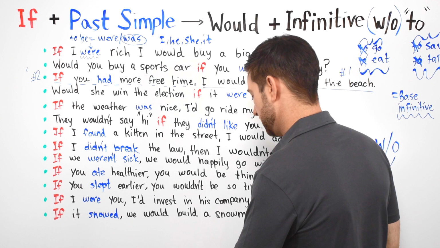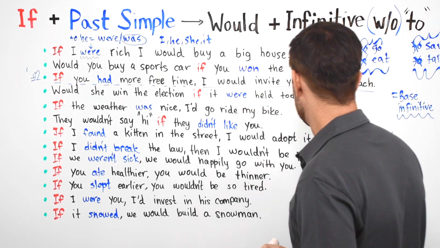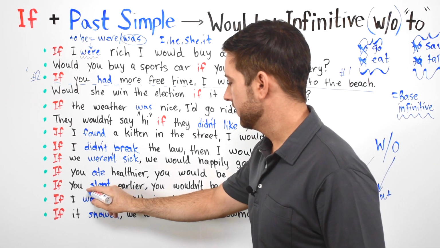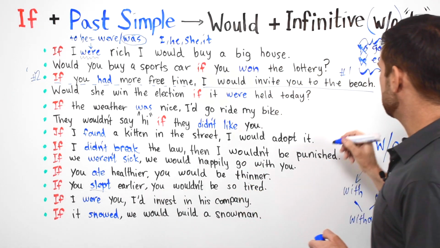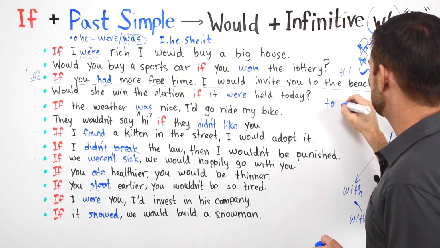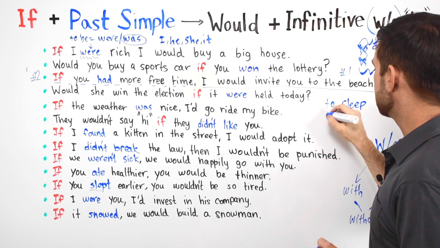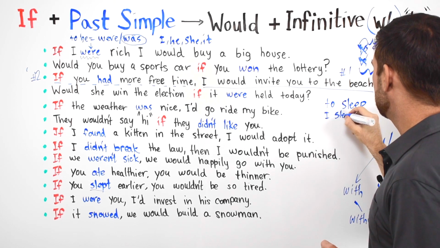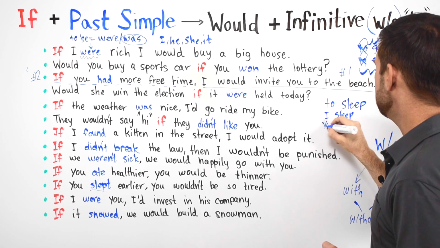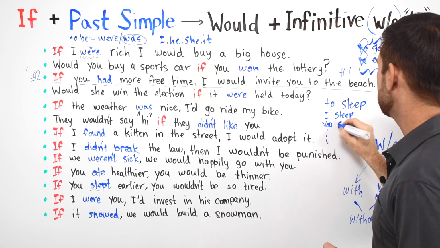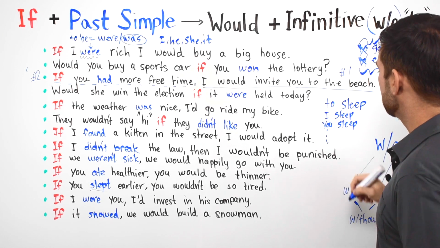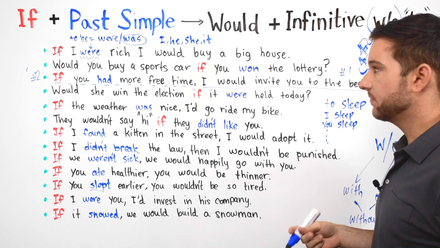Okay, sometimes I've noticed students, see that word slept right here? Okay, sometimes I see students, for example, it comes from the verb to sleep. For example, in the present tense they say I sleep, you sleep, he, she sleeps. Okay, now remember how we make something in the past?